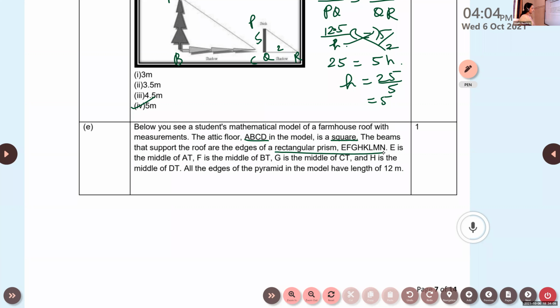H is the middle of DT. All the edges of the pyramid in the model have length of 12 centimeter.